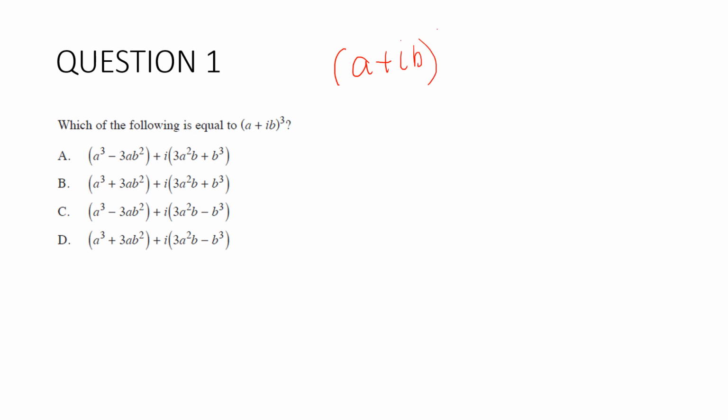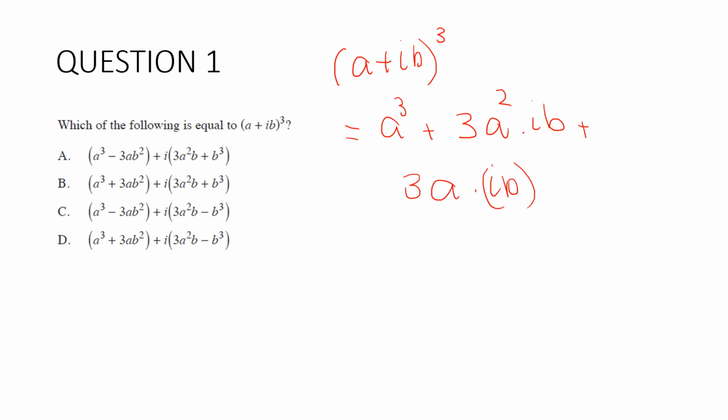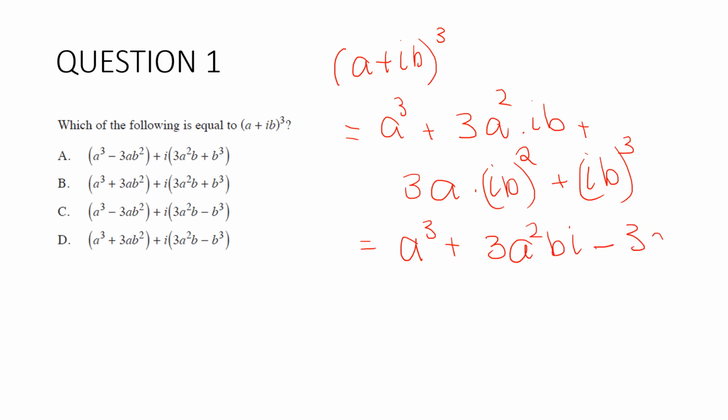And so it's equal to a cubed plus 3 lots of a squared times ib plus 3 lots of a times (ib) squared, and then plus (ib) cubed, which is equal to a cubed plus 3a squared bi minus 3ab squared minus b cubed i.